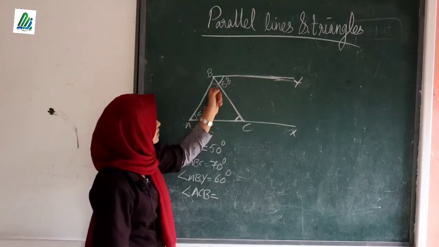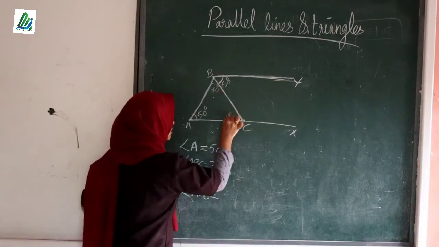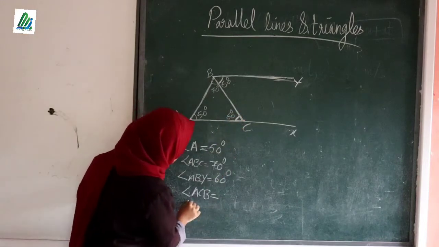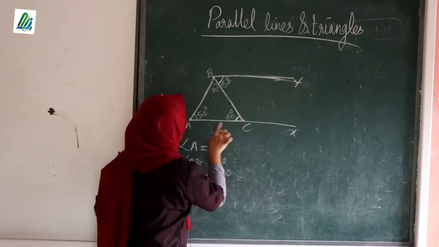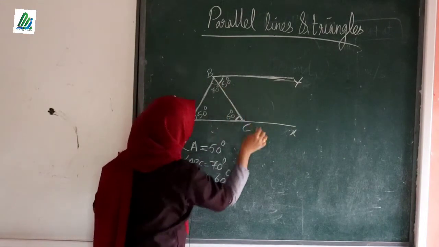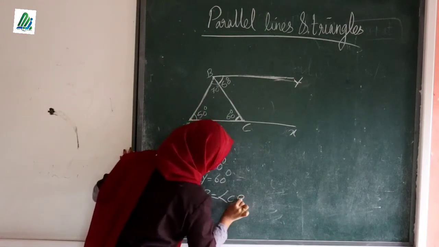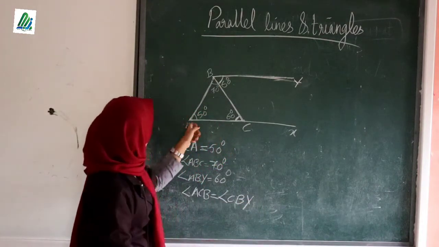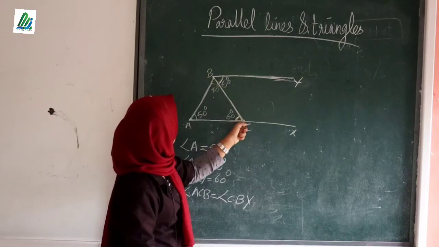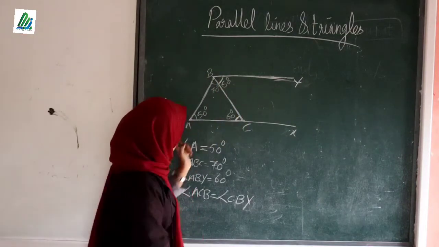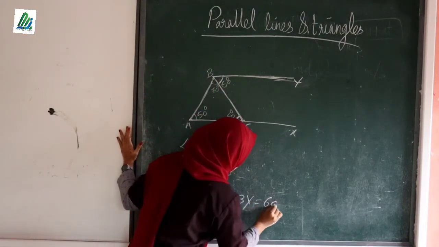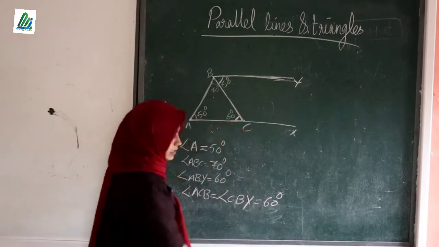So ACB is how much? 60 degree. Then ACB and CBY, this angle is 60 degree.